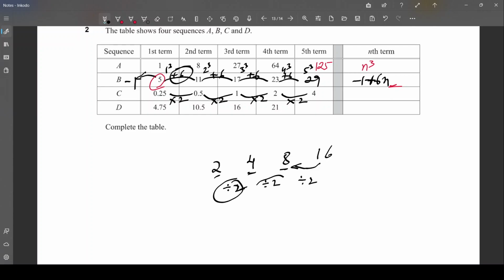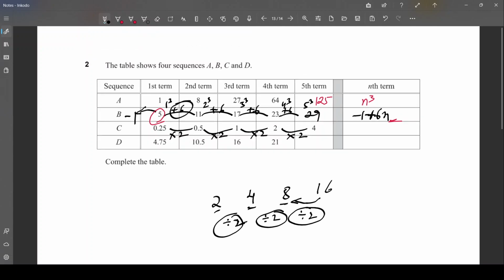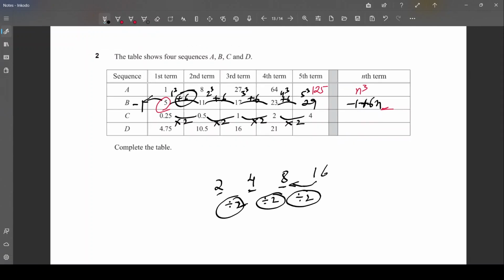The common ratio. In the first question I just explained to you a geometric sequence. Do you remember that? In a geometric sequence there is no common difference, it is called the common ratio. So there is a formula to find the nth term using the common ratio. For example, the sequence is 2, 4, 8, 16, and the common ratio is 2.